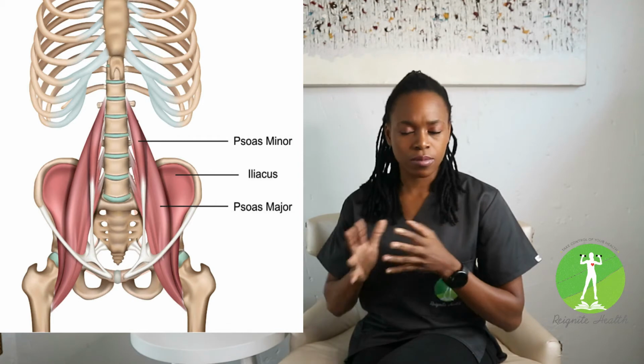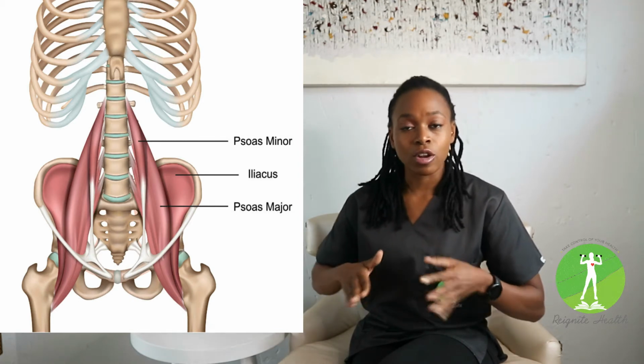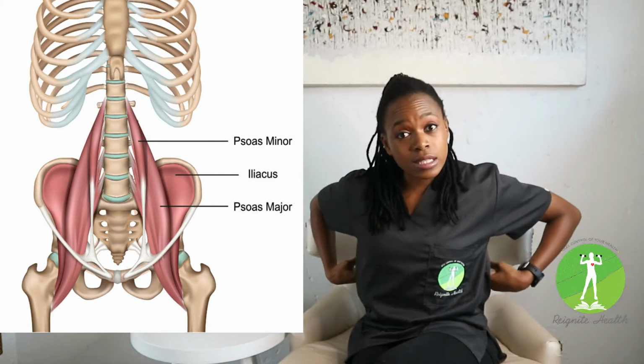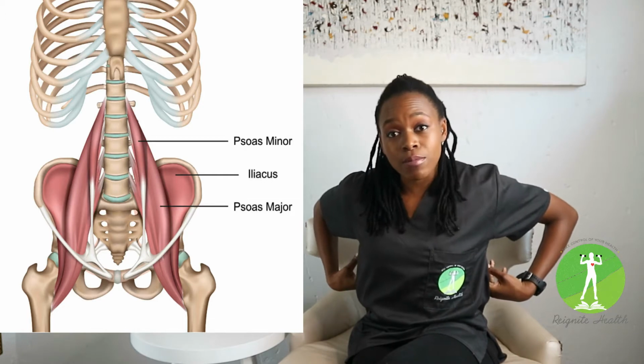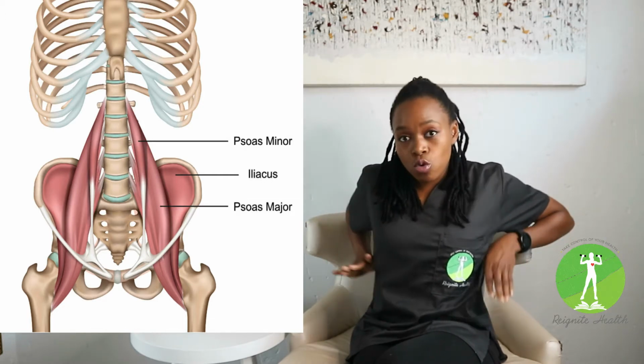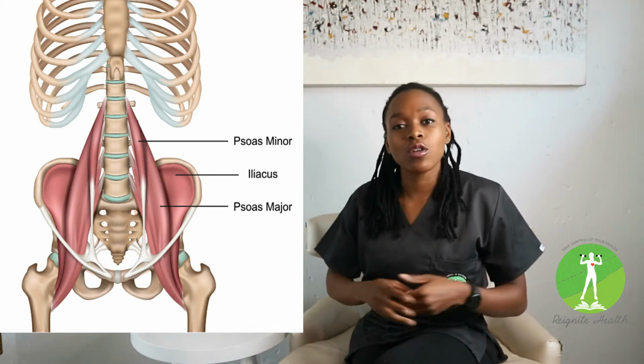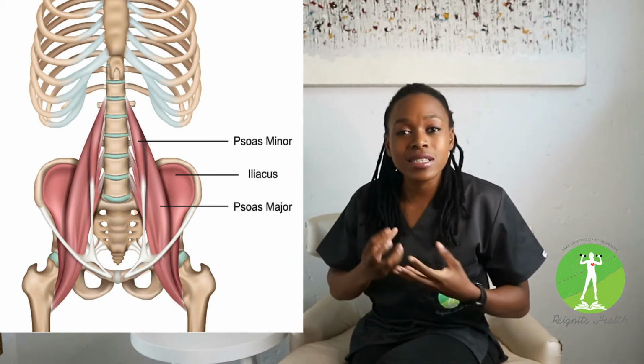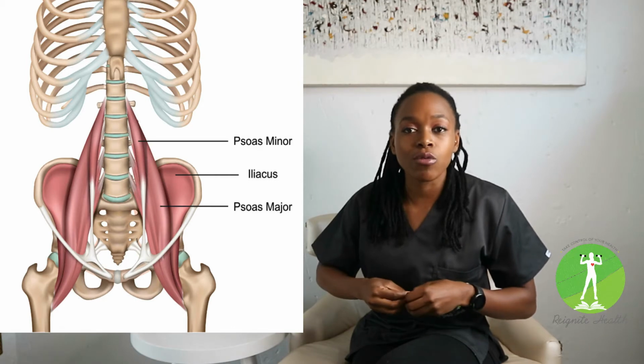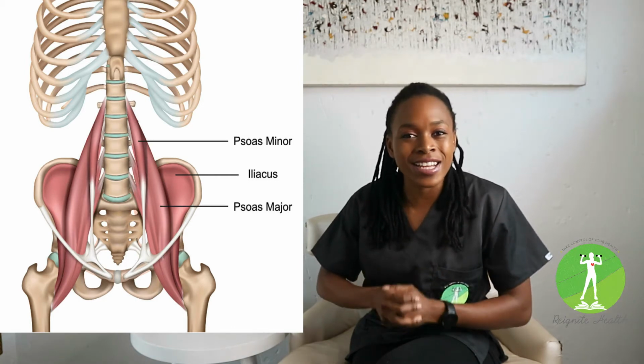The reason why it's a muscle of low back pain is because it also starts at the spine like the quadratus lumborum. The only difference is that it comes all the way forward over the hips in the front, so it can also cause lower back pain because it is situated in the lower back region as well. All right, so hip flexors bring the leg towards the trunk.